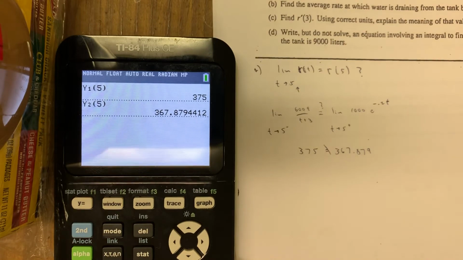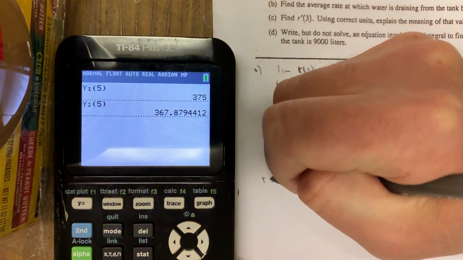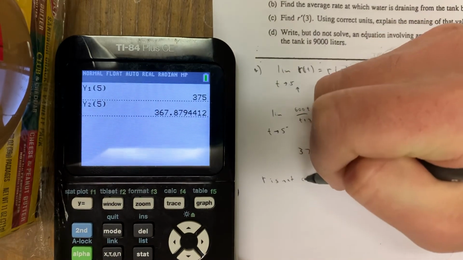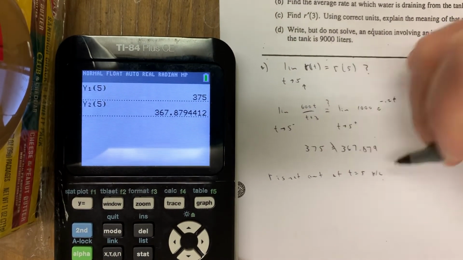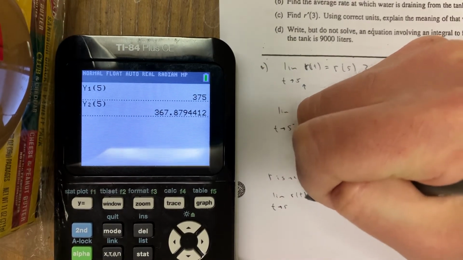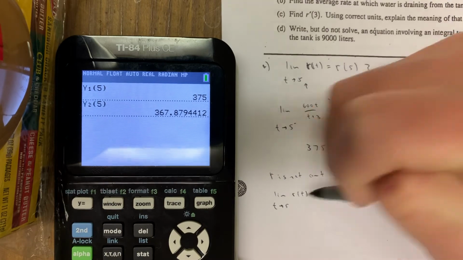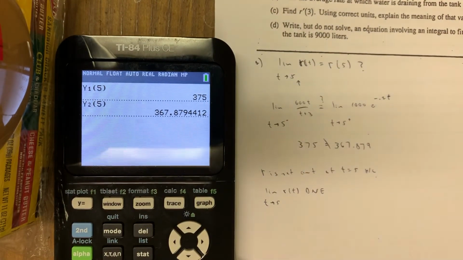So in this particular case, is r of t continuous at t equals 5? r is not continuous at t equals 5 because the limit as t approaches 5 of r of t does not exist. Or you could say the left-hand limit as t approaches 5 is not equal to the right-hand limit as t approaches 5. Lots of different ways to write it.